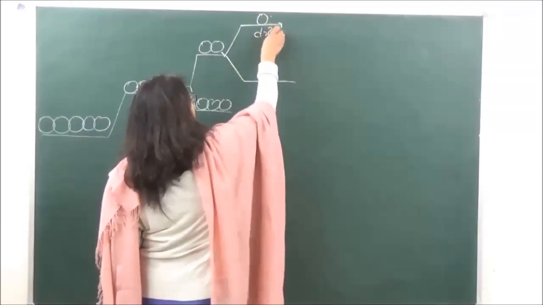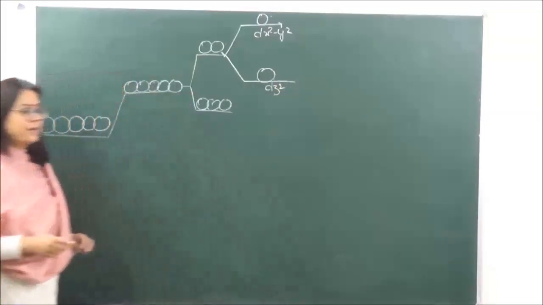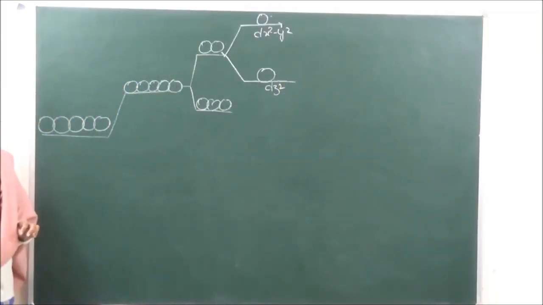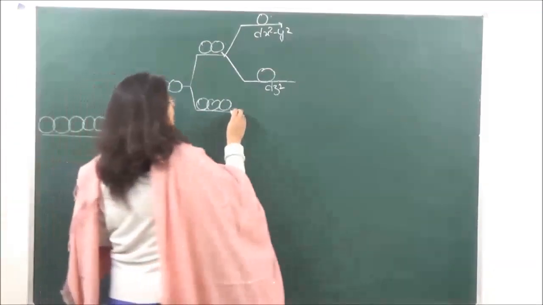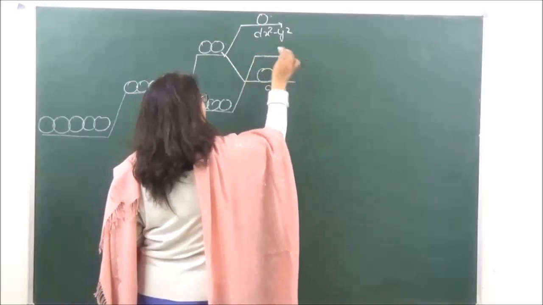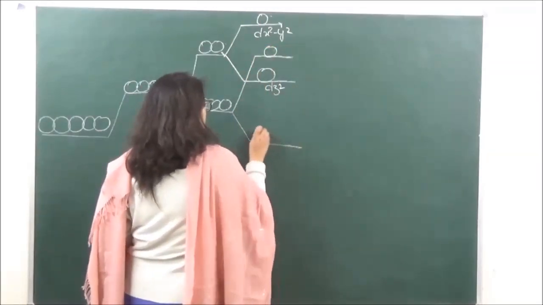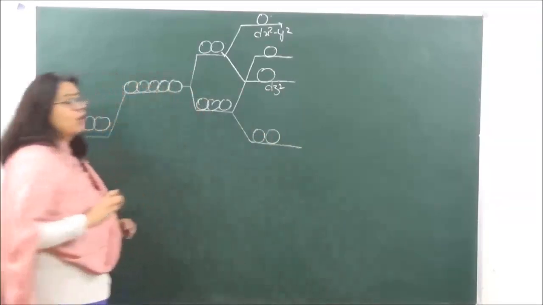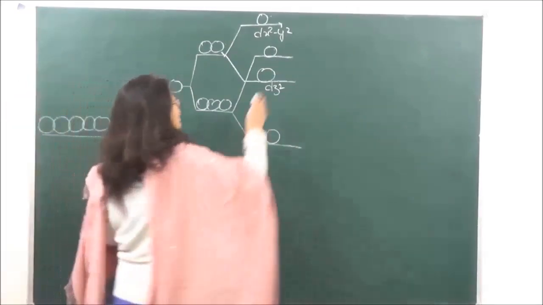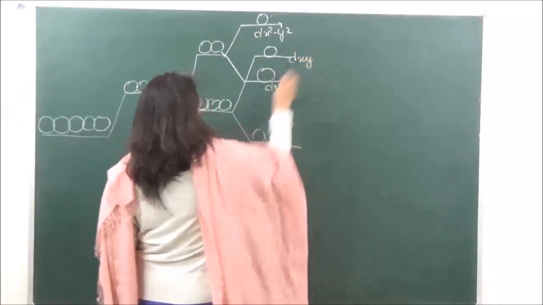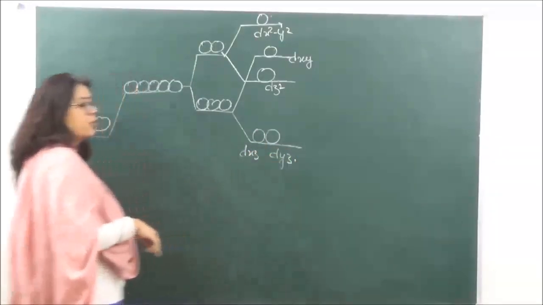So this is dx square minus y square, and this is going to be dz square. And when we're talking of T2g, one goes at a higher energy level and two are at a lower energy level. The one at a higher energy level is dxy, and dxz and dyz are at a low energy level.